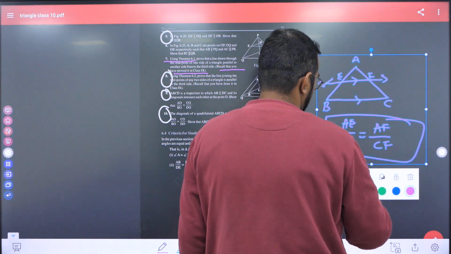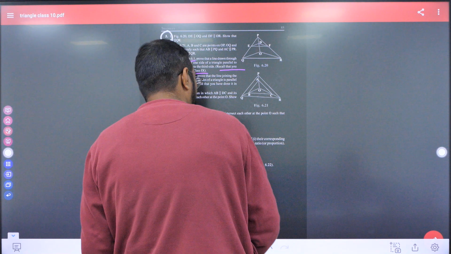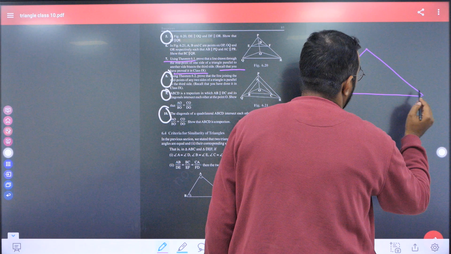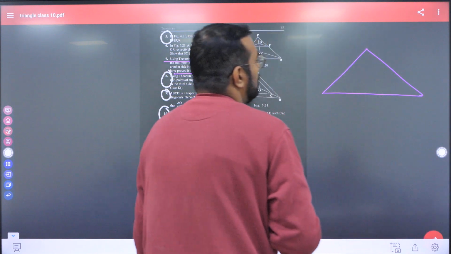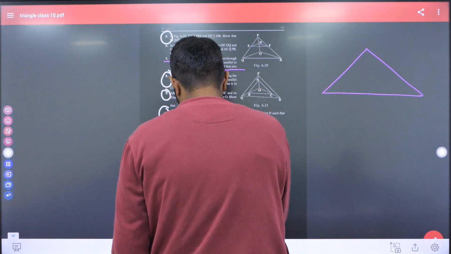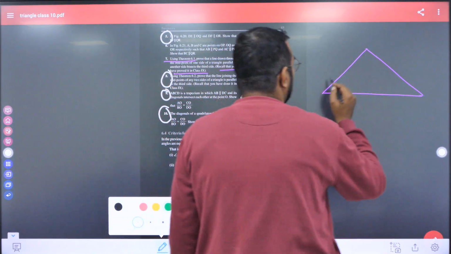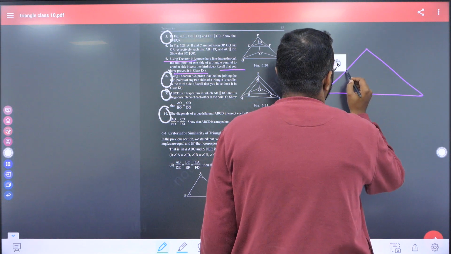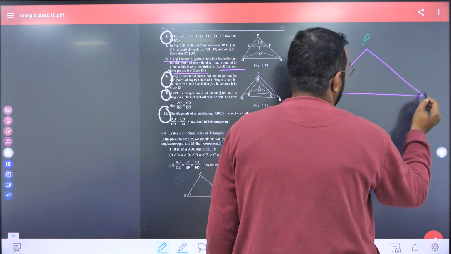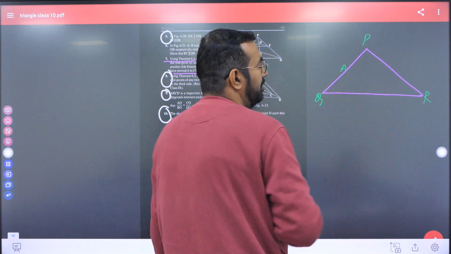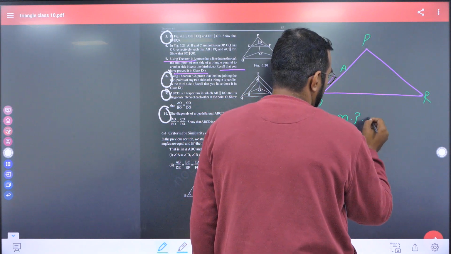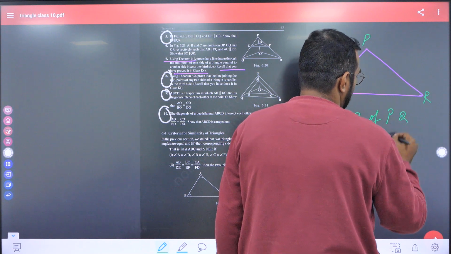Or you can say it is the converse of the midpoint theorem. Suppose we have a triangle PQR, and A is the midpoint of PQ.